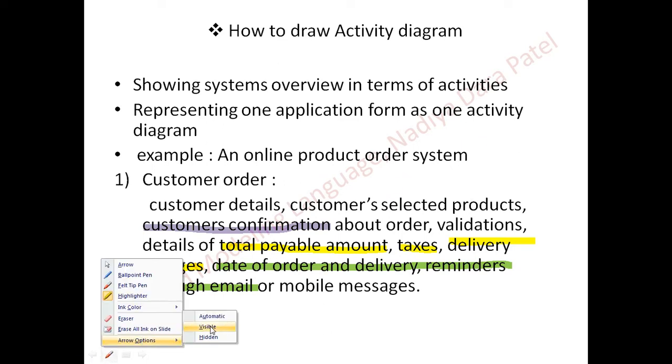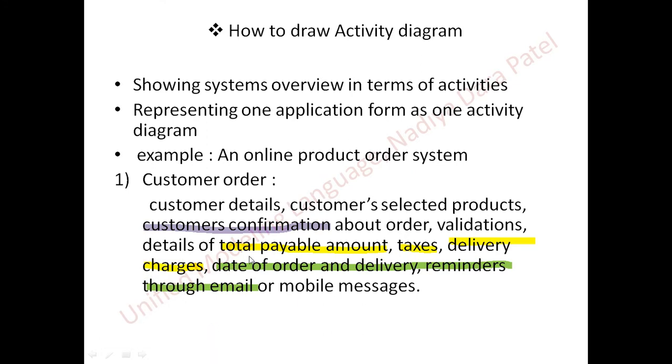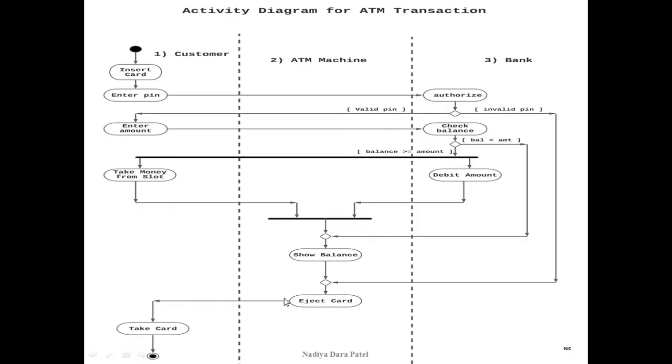If he is not confirming it, you are not going to further calculate the total and other things. So this is how you should do it. Write down all the possible activities, collect them together, make some groups, find fork, find join, find the decision, and it's done. So here is the example for activity diagram for ATM transaction.